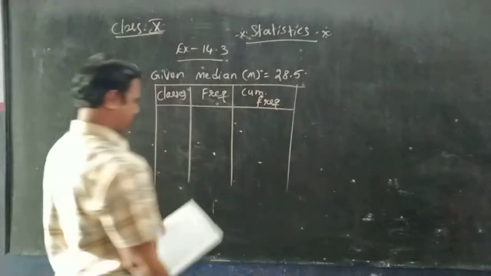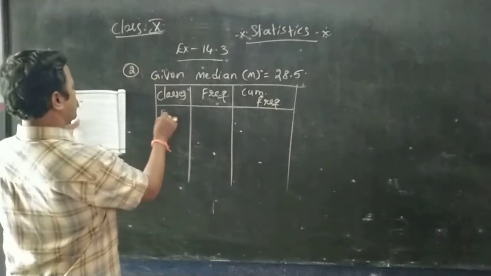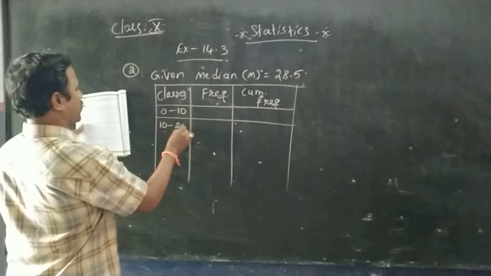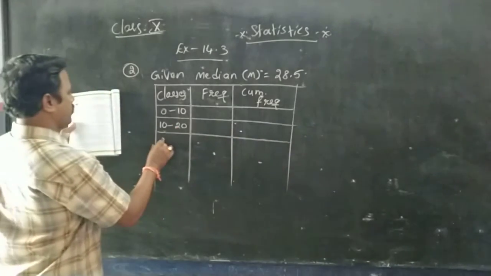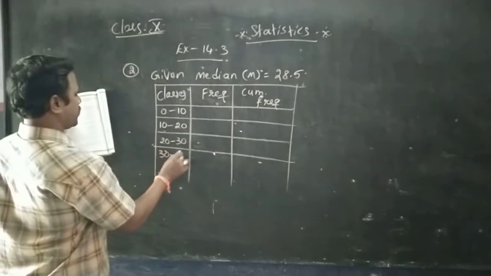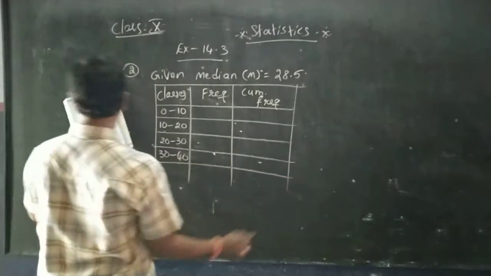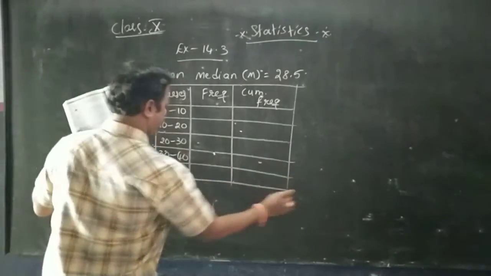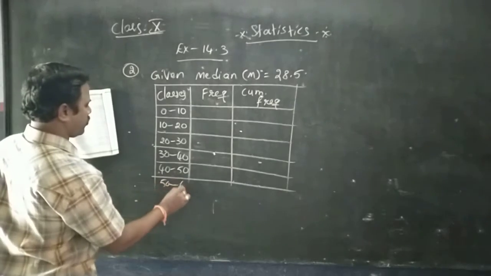Well, let's take the classes 0 to 10, 10 to 20, 20 to 30, 30 to 40, next 40 to 50, next 50 to 60.